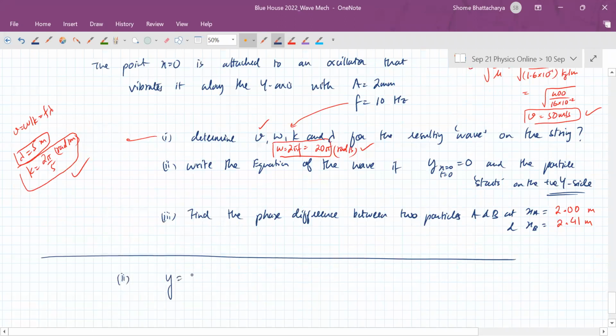So the general equation is like this, let's say, where we now know that amplitude is 2 millimeters, omega is 20 pi radians per second.